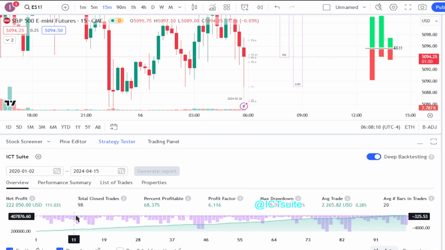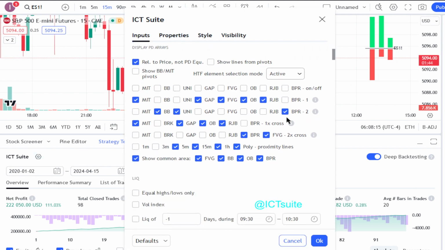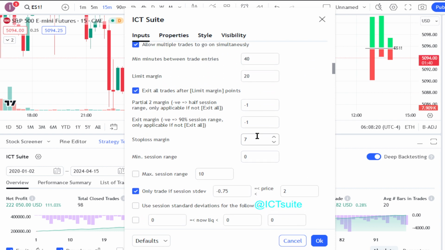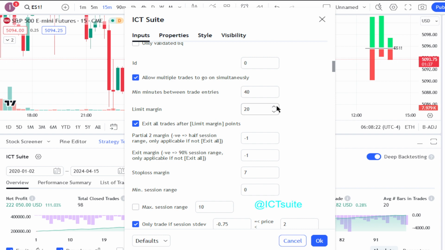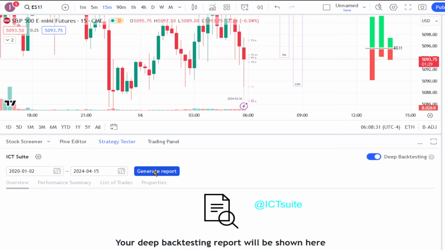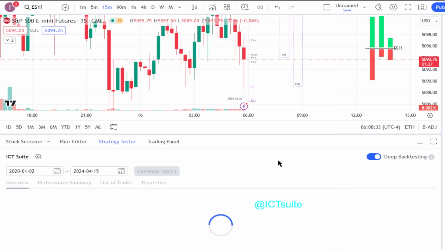Okay, so 222, 98, 68%. I think this would be the best levels for this strategy. But 21 would give exactly 3 to 1, yeah? 21, it's 3 times 7.